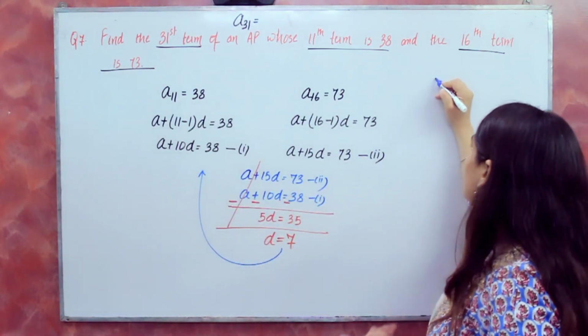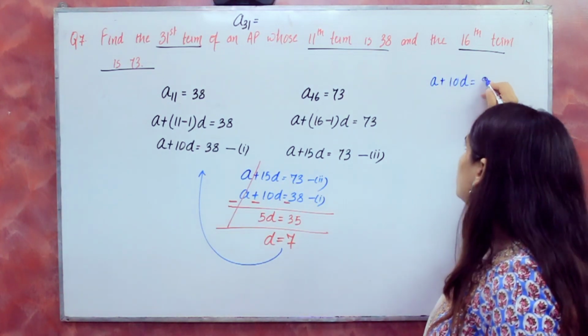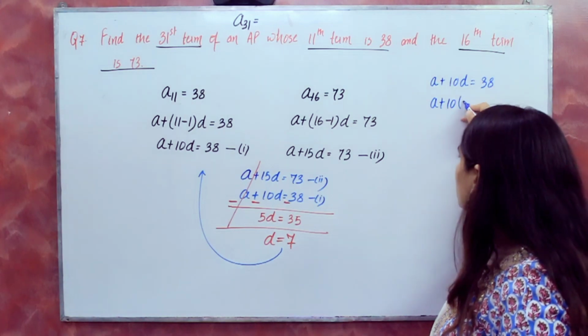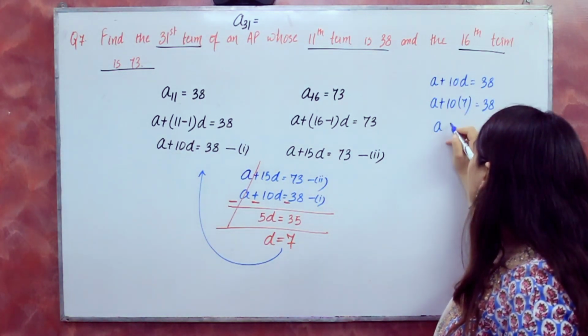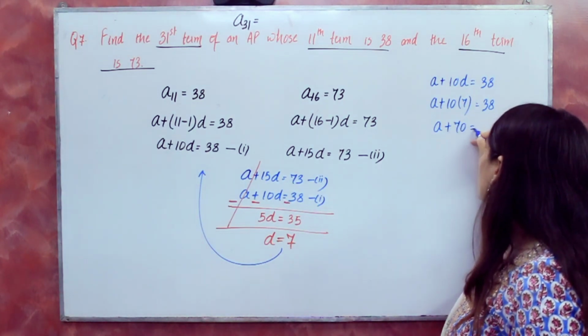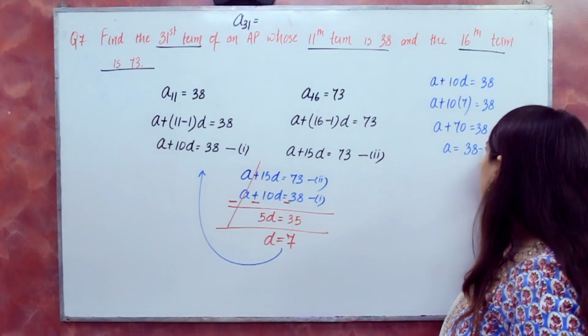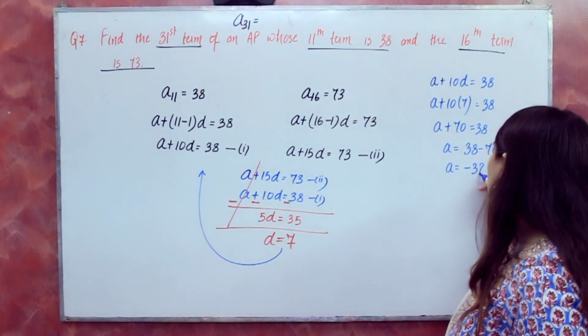So the first equation is a plus 10d equals 38, and we have the value of d equal to 7, and this will be a plus 70 equals 38. From there you will get the value of a equal to minus 32.